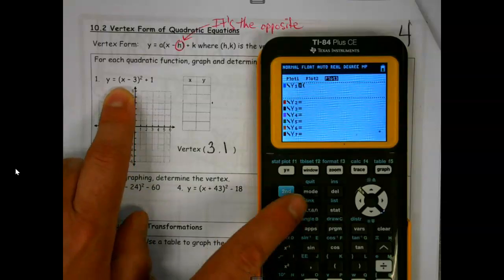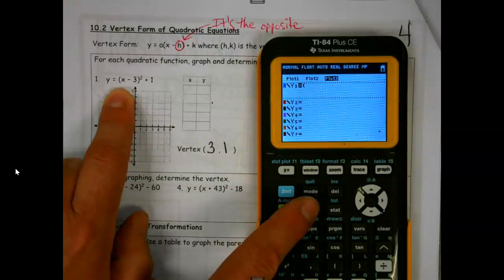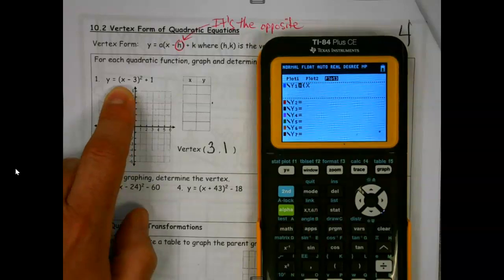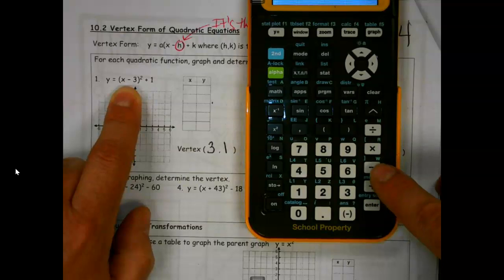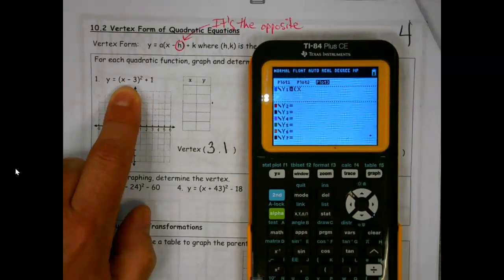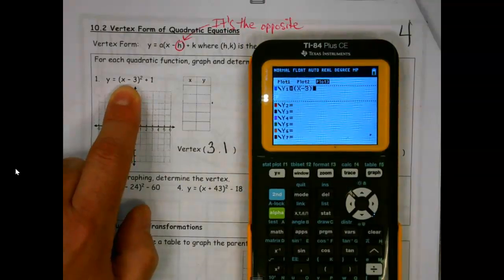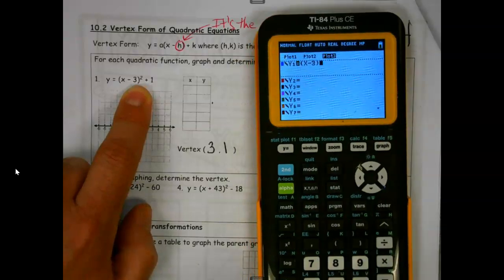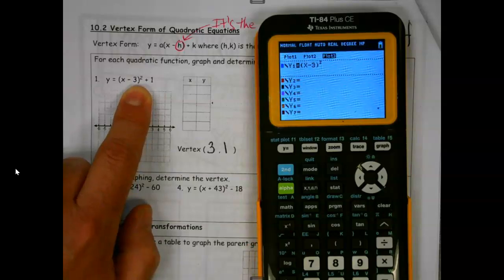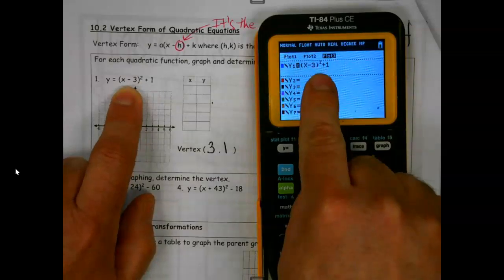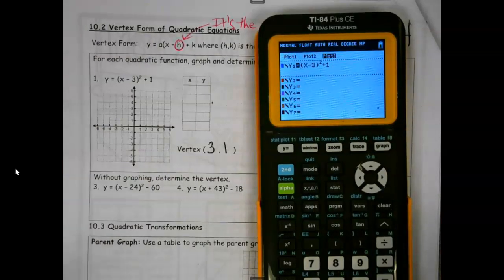Again, here is my x, right next to the alpha. Minus 3, not negative 3. Close my parenthesis, and this is my squared. Again, I know it says x squared, but it's just going to give me the squared part. It's not going to do anything else. And then plus 1. As long as these look the same, I'm in good shape.